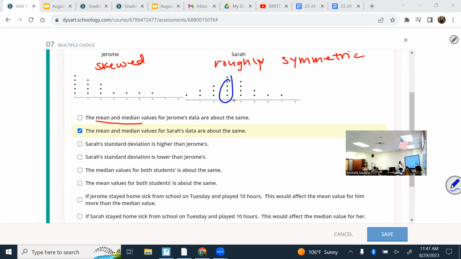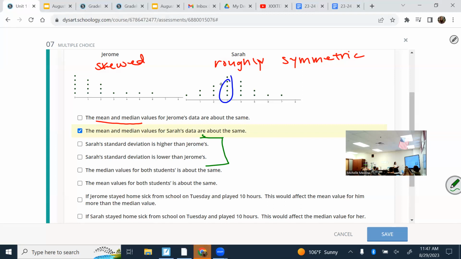Then moving on, Sarah's standard deviation is higher than Jerome's, yes or no? For the standard deviation ones, sometimes it's really easy to tell which one is more spread out or not. This one is hard for me to tell personally.